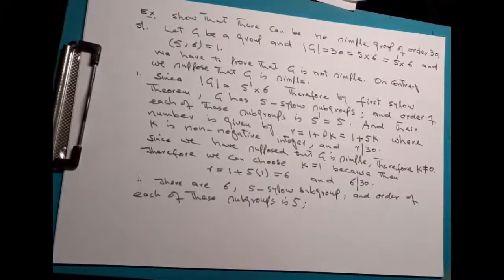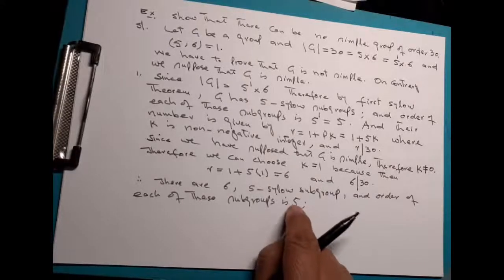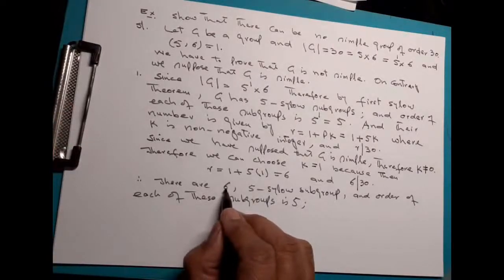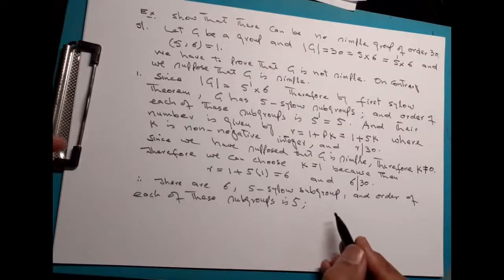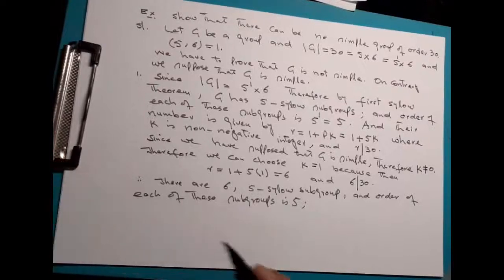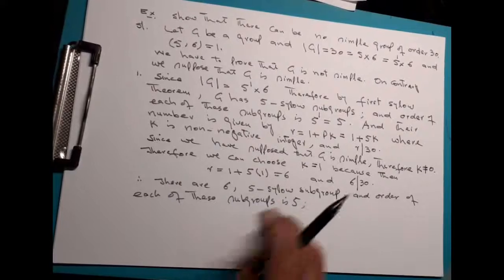We have written this for the reason that if the order of a group is a prime number, then that group is cyclic, and the order of every element of that group is that particular prime, in this case 5. So each of these 6 subgroups has order 5, and each element has order 5.